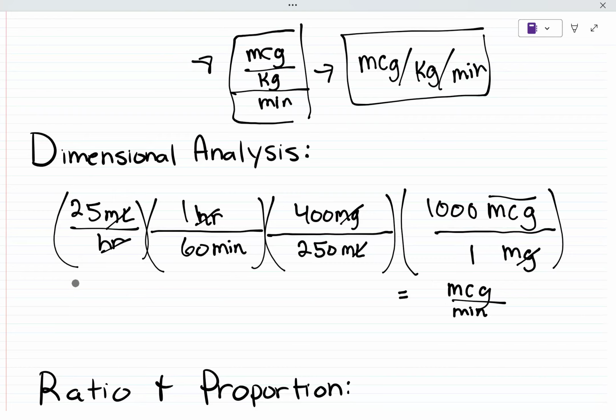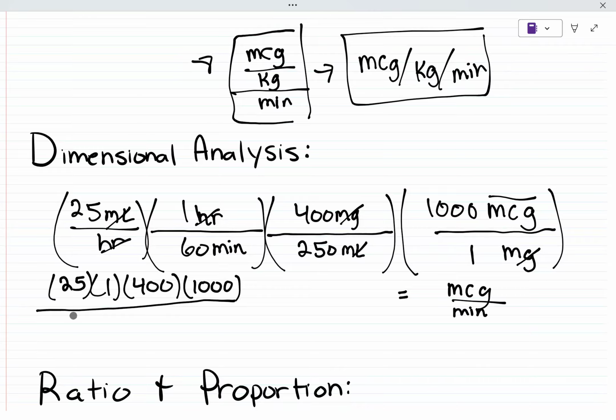So it would be 25 times 1 times 400 times 1,000, and then on the bottom, it's 60 times 250 times 1. And then you're left with mcg over minute.